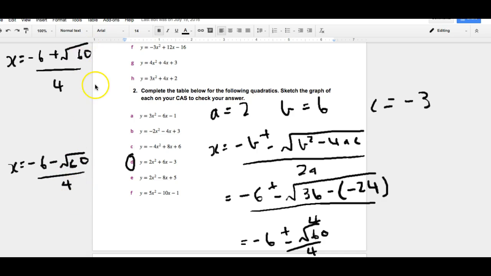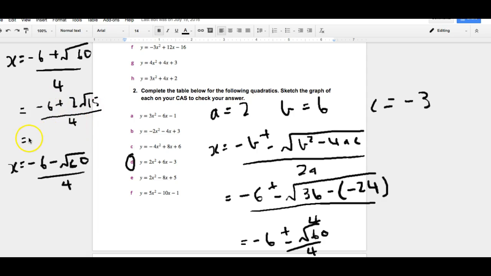Okay, so this square root of 60 can be simplified, and so can the 6 and the 4. So the square root of 60, the highest square number that goes into that, I know 4 does. Is 4 the highest? Yes, it is. So this is going to become 2 root 15 over 4.